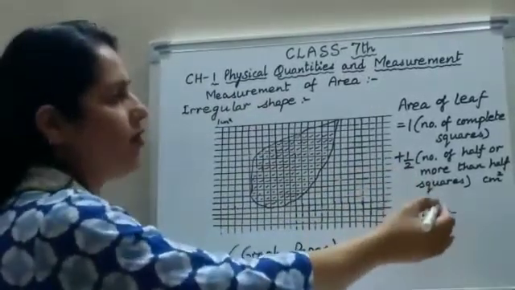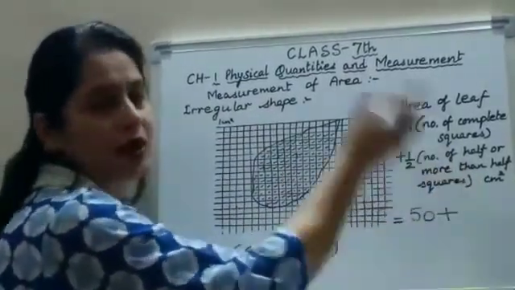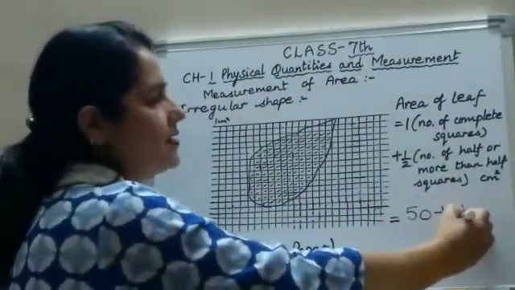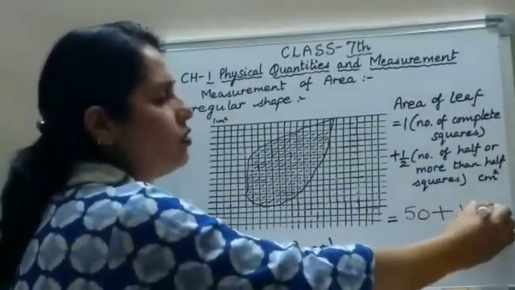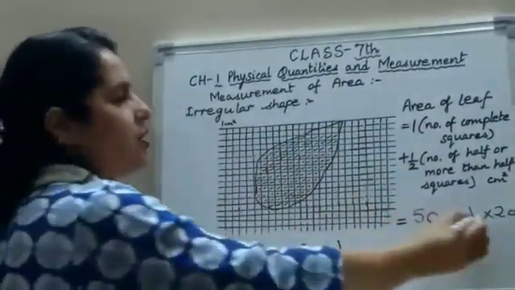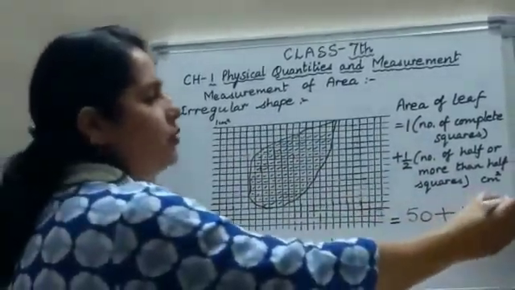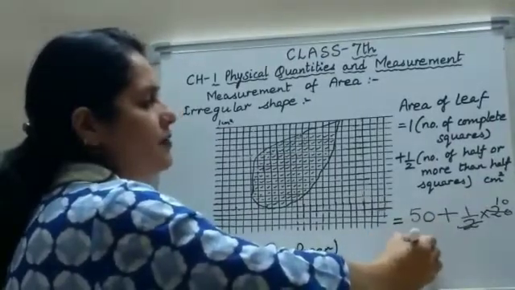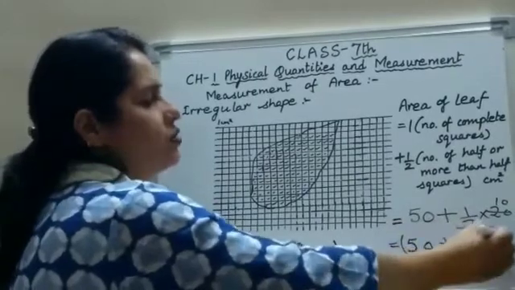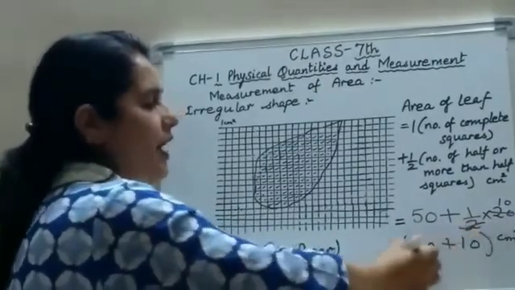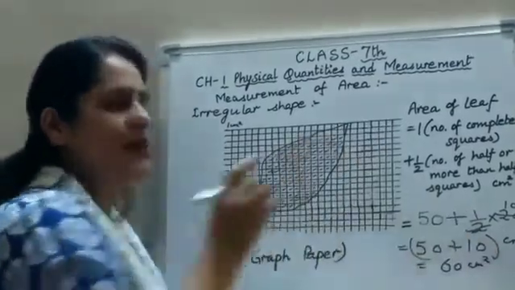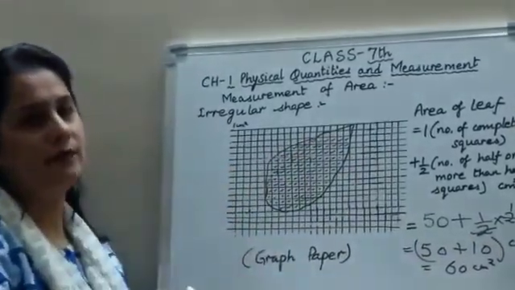So what will you do? 50 plus half into 20, because these are half. So 2 tens are 20. So this becomes 50 plus 10 square centimeter. That means the area of the required leaf is 60 square centimeter.